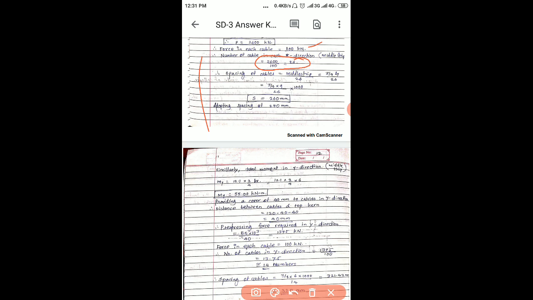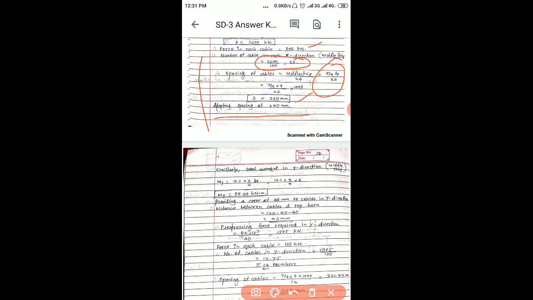Now, the middle strip we consider as 3/4 of ly divided by number of cables. Whatever distance we get is in mm, so that's why into 1000, and we'll get 260 mm spacing. We'll round down to the minimum, that is, adopting a spacing of 250 mm.